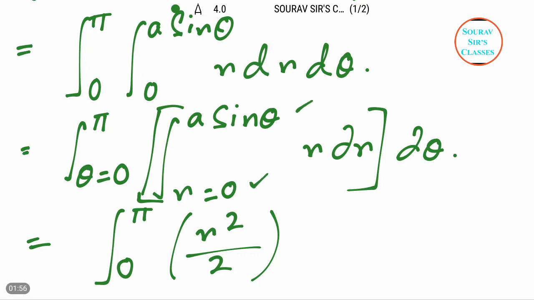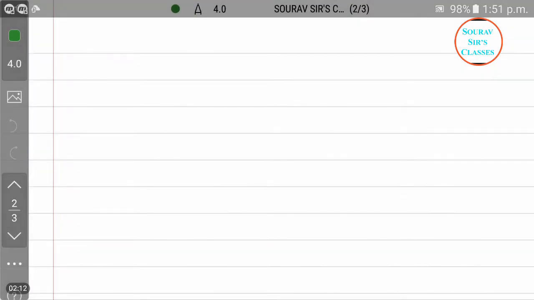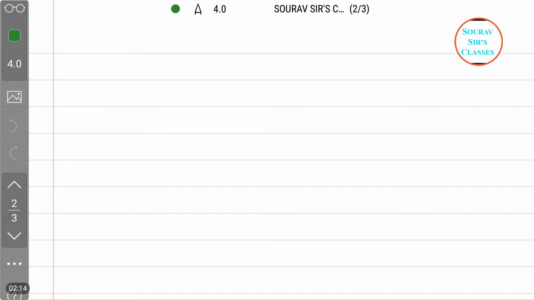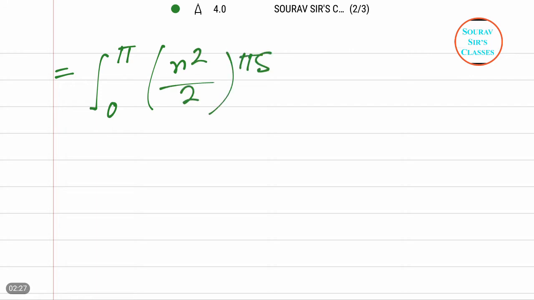So from this, here we can write r square by 2, with limits a sine theta and 0, and here d theta.